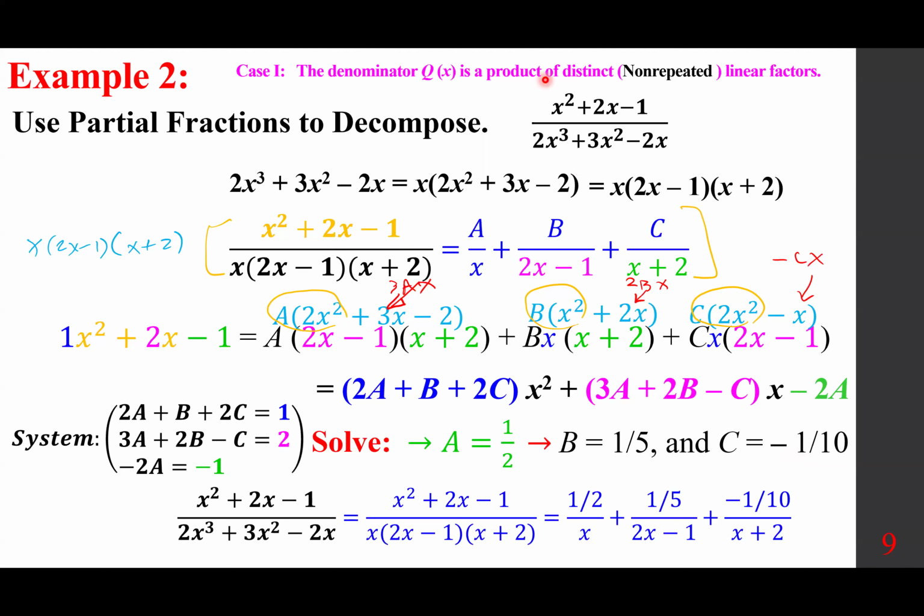So the original fraction is decomposed into these three fractions: 1/2 over x, plus 1/5 over 2x minus 1, and minus 1/10 over x plus 2. Very straightforward, everybody. If you want to change this to negative and keep this as positive, that's fine.